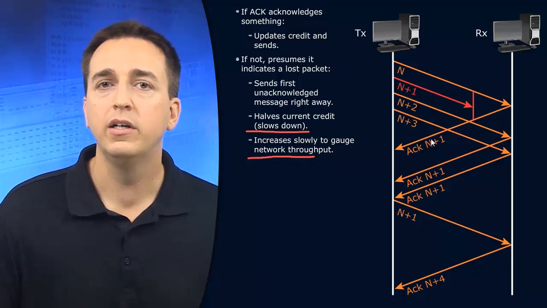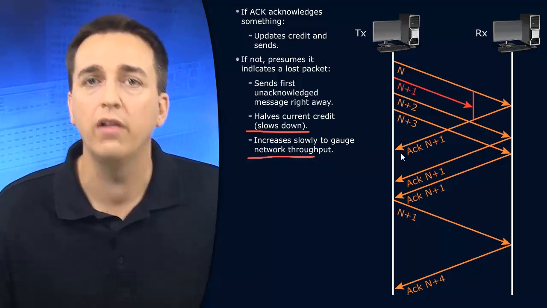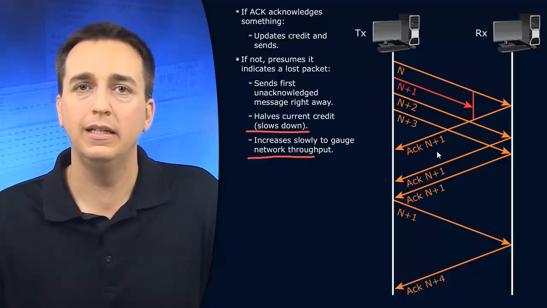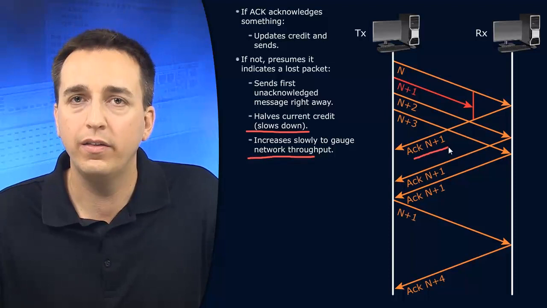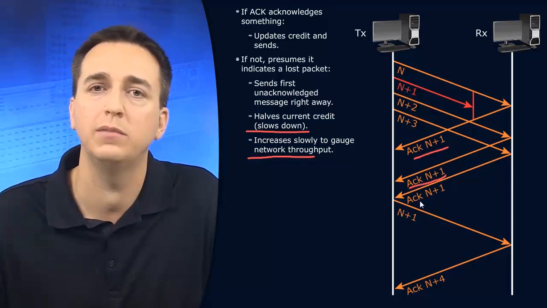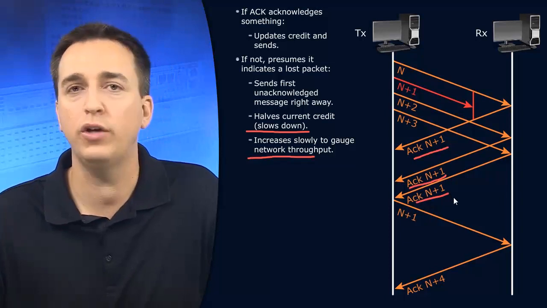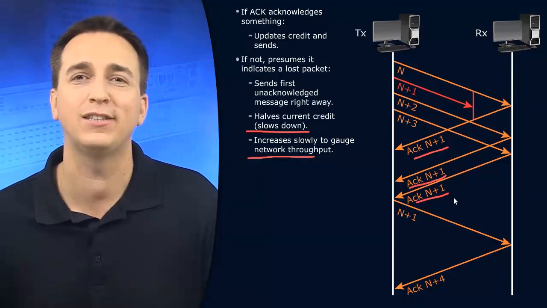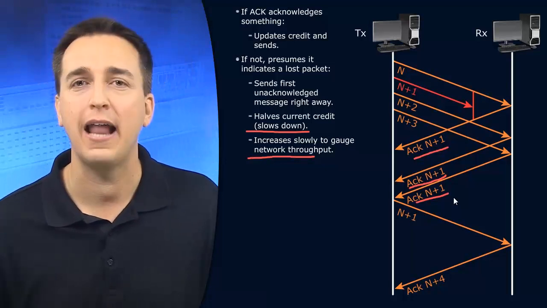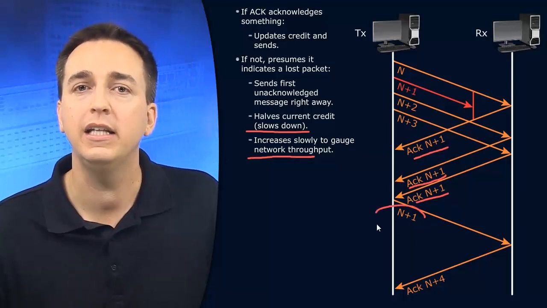So in this case, you'll see that we acknowledged n plus 1, meaning I received n, give me the next in line, the next number of bytes in line. So even though the transmitter had sent it already, the transmitter doesn't question it, doesn't ask the receiver, hey, are you sure? Because I did send it. No, none of that happens. It just sends it.